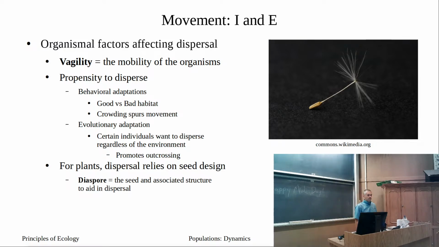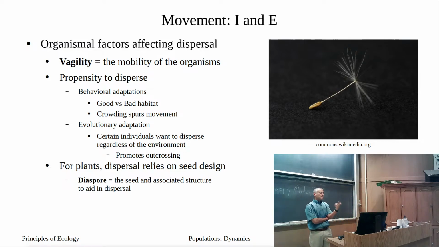And we could talk about other organisms that maybe don't have the ability to migrate long distances. They're limited by maybe their biomechanics. So the ability to move, that's one factor that affects our dispersal.